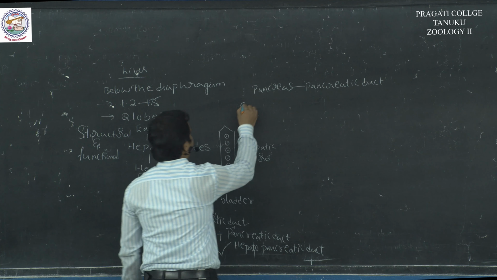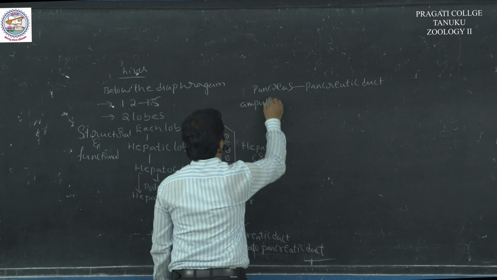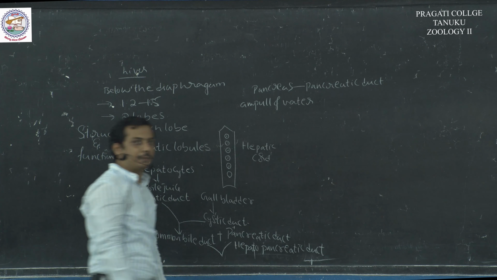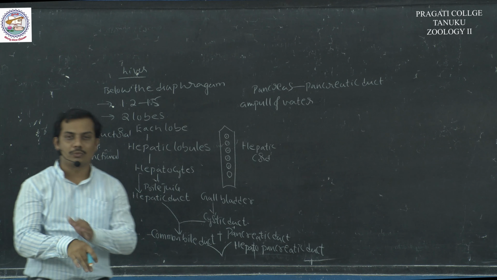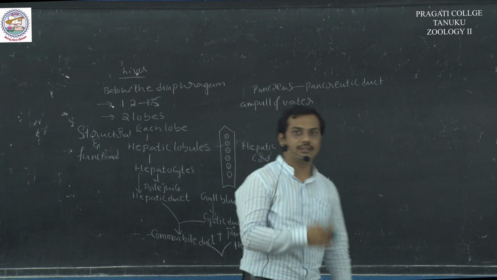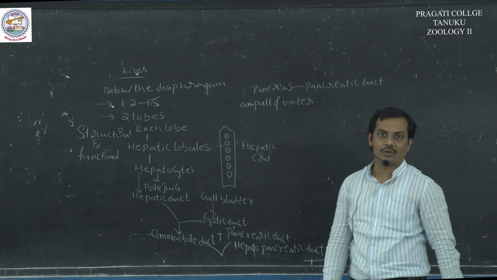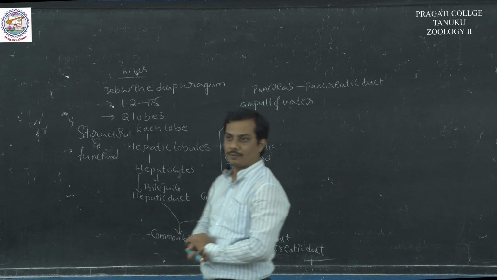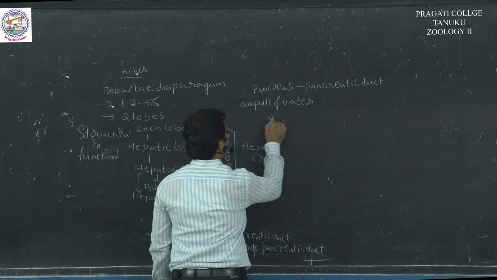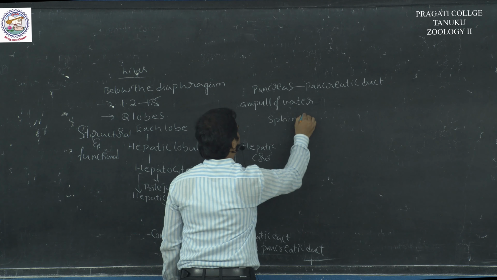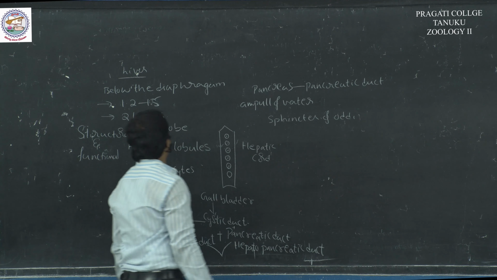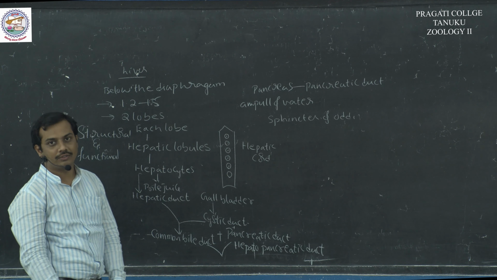This duct opens into the duodenum part of the small intestine, and its opening is guarded by a sphincter called the sphincter of Oddi. So that is regarding the structure of the liver.